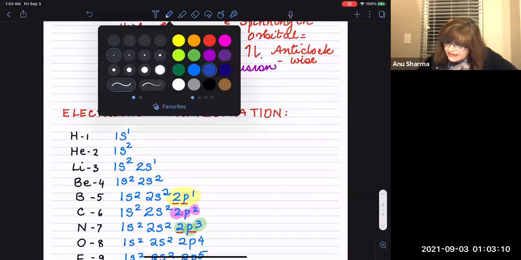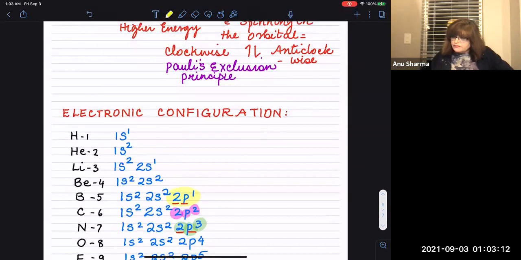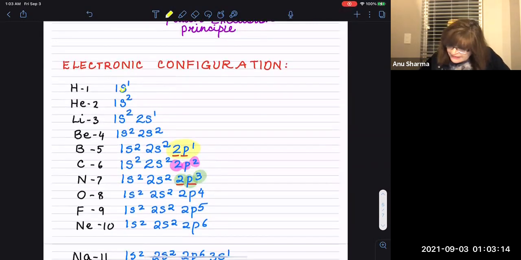One of the patterns is that the S block ends in S. This one, because it's a noble gas, is kept with the noble gases.